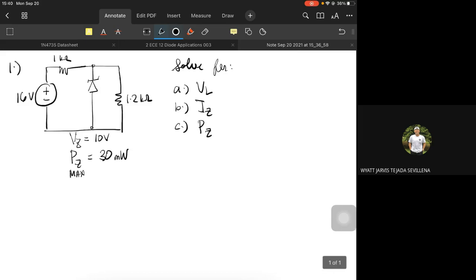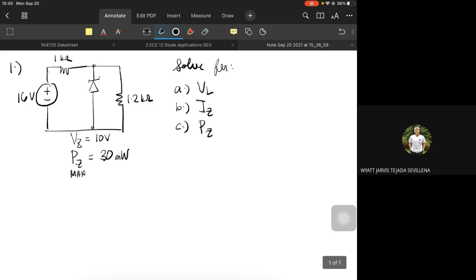First, try to solve. First, I will determine the state of the Zener diode. So, how do we do that? For a moment, try to imagine that the Zener diode is not there yet. So, how much is the load voltage, or the voltage across the 1.2 kilo ohm?